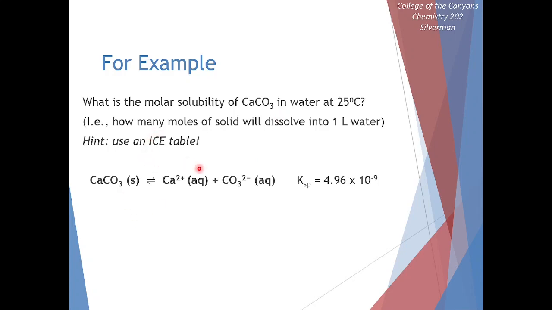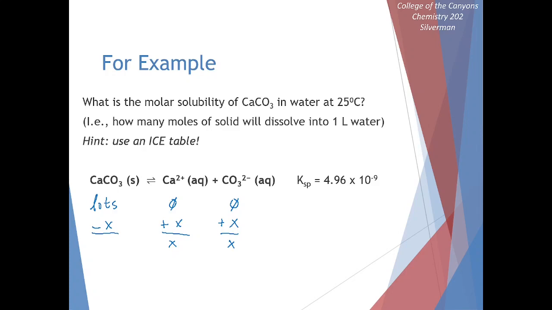We expect this to be not very soluble at all, but we can figure out exactly how soluble using an ICE table. Our strategy for solubility, we can say, let's have lots of our solid. If we have as much solid as possible, we can try to decide how much will dissolve. What we end up with in our ICE table, we have some excess solid still hanging around. We don't actually care how much because it does not show up in our K expression.